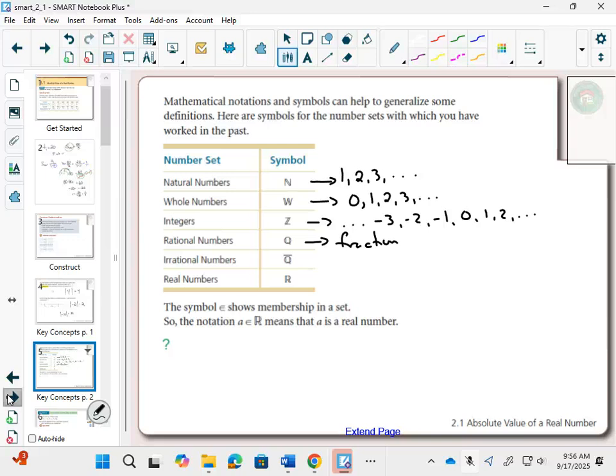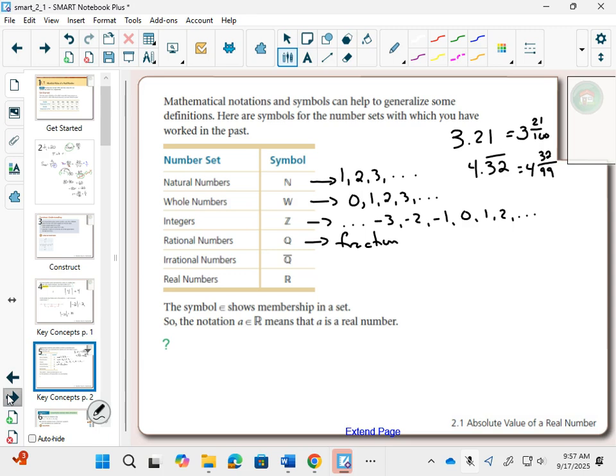Decimals, any decimal that ends, like 3.21, well, that's 3 and 21 hundredths. You can write it as a fraction. And any decimal that repeats, which we kind of talked about already, like if I had 4.32 repeated, anything that's repeated can be over 9s.